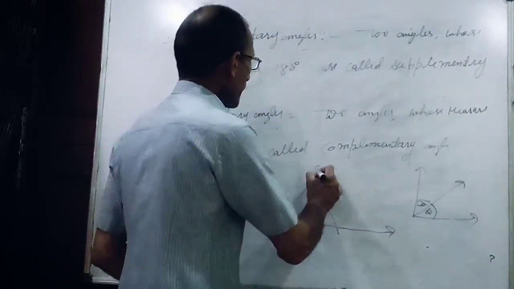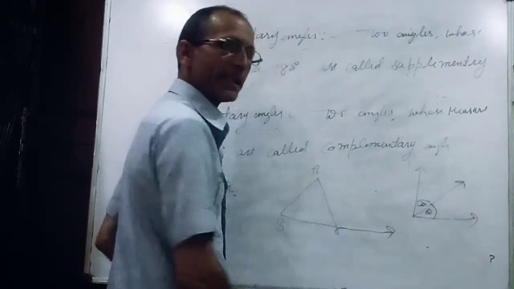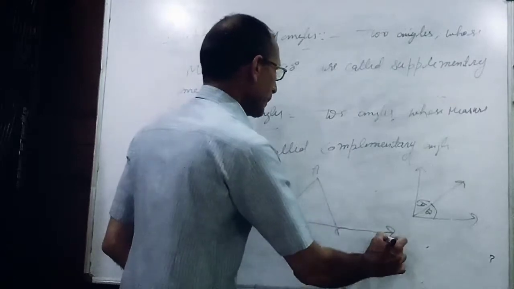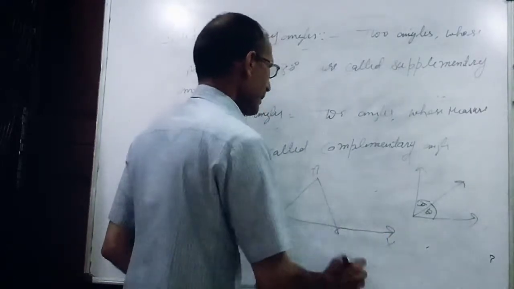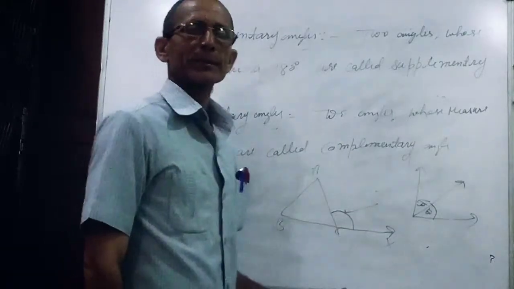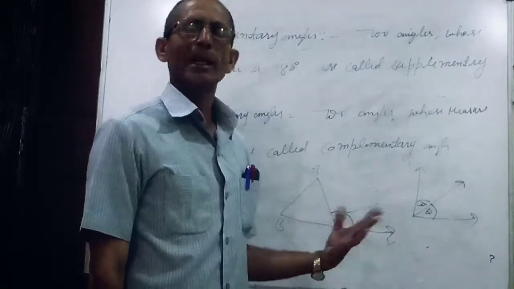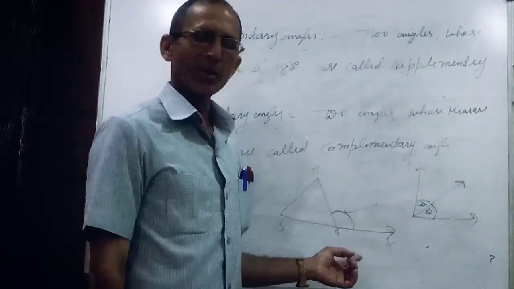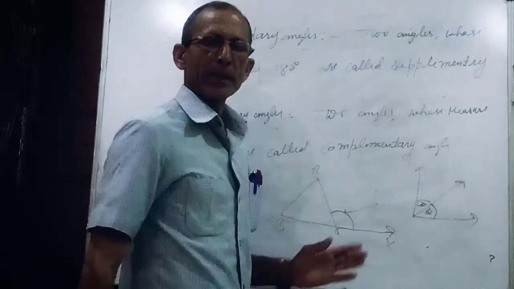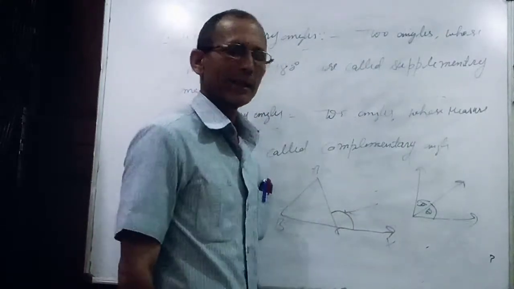Side BC of this triangle ABC is extended to X, and this is the exterior angle. The angle formed by the extended side is called the exterior angle, which is made outside. So this is an exterior angle.